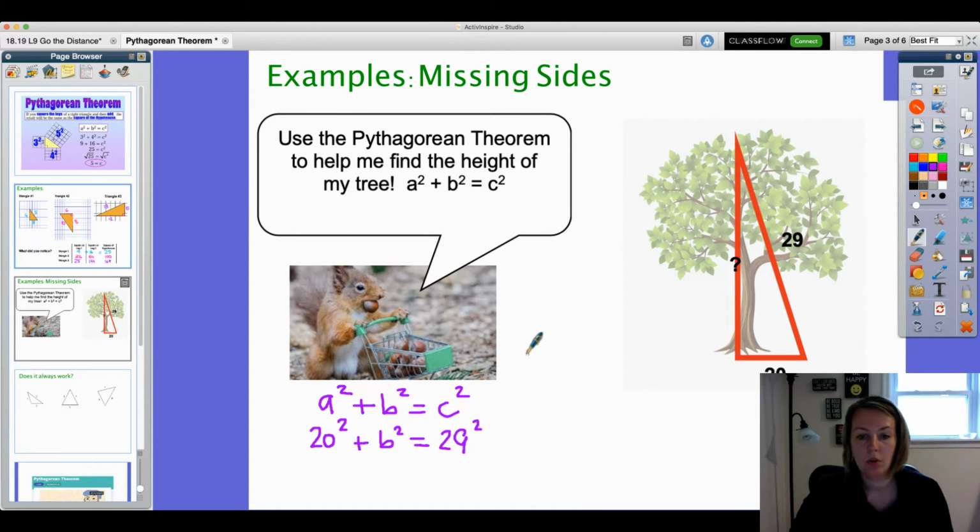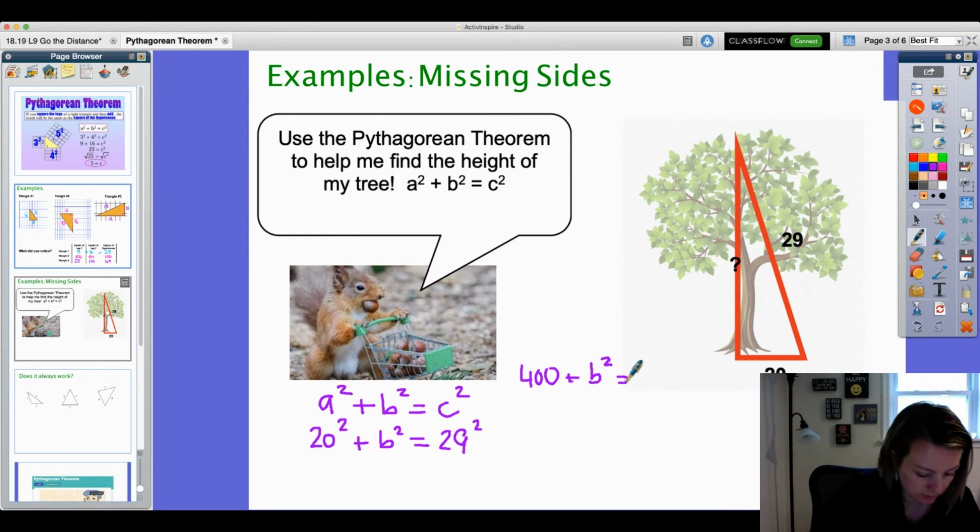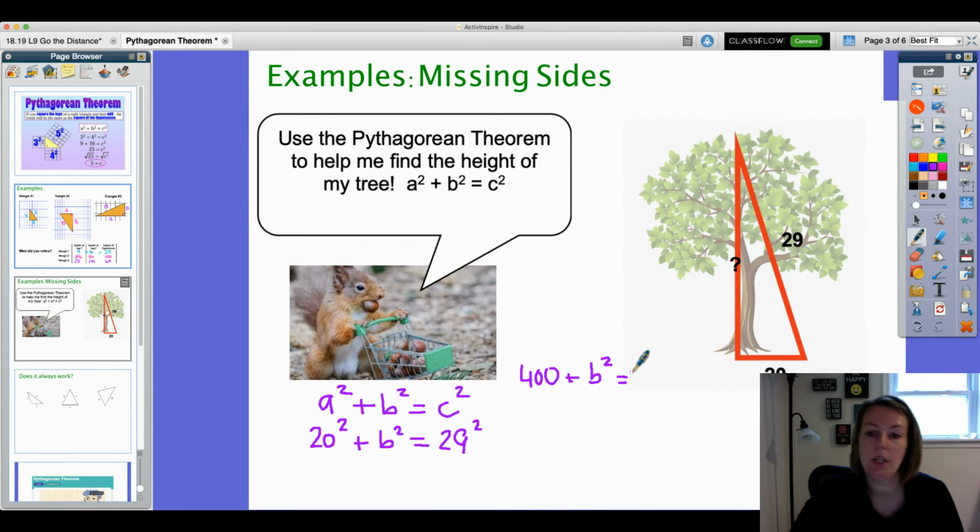Okay, so I'm going to continue writing this on this side. So now if I square these, I'm going to have 20 squared, which is 400, plus b squared, because I still don't know my height, equals 29 times 29, which equals 841. Now, I want to solve for b because I want to know my height. So I'm going to have to take 400 away.